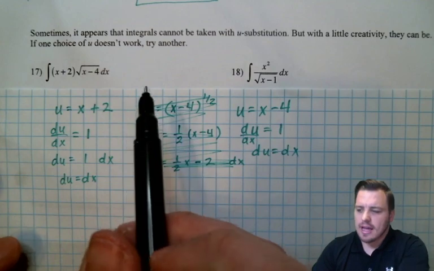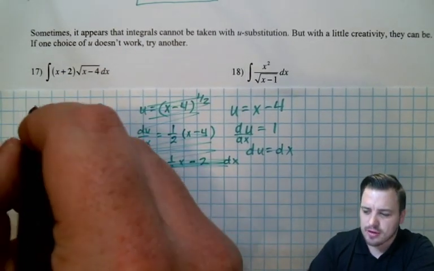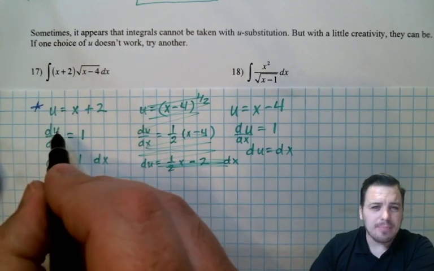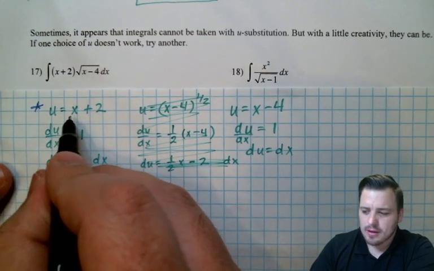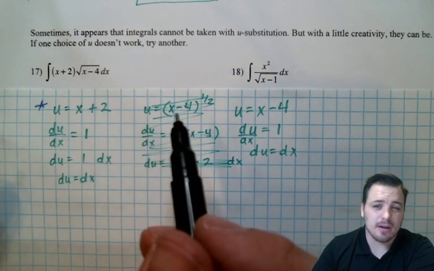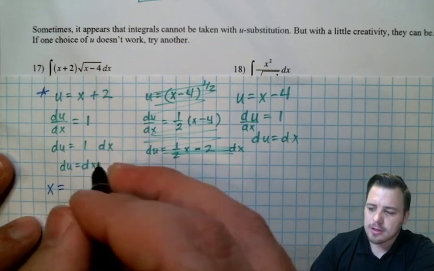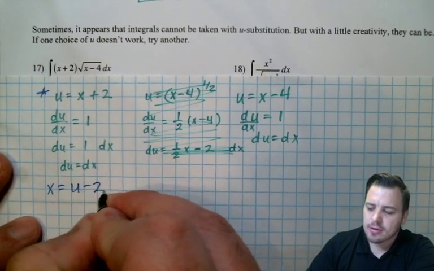Well, if I look at this one right here, let's go with this one. If I plug that in there, let's see what u is with respect to x. So basically go find what x is of here. That would be x equals u minus 2.